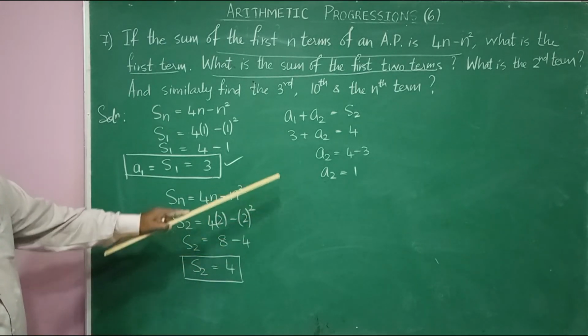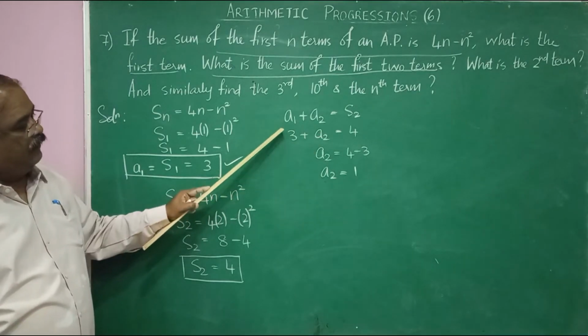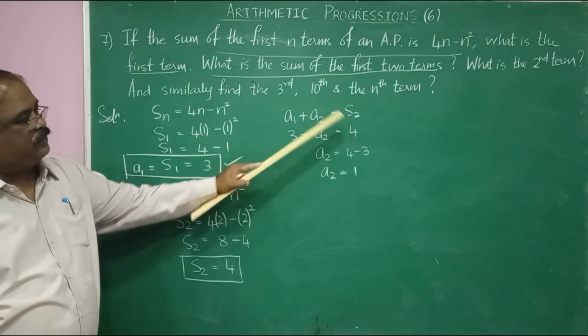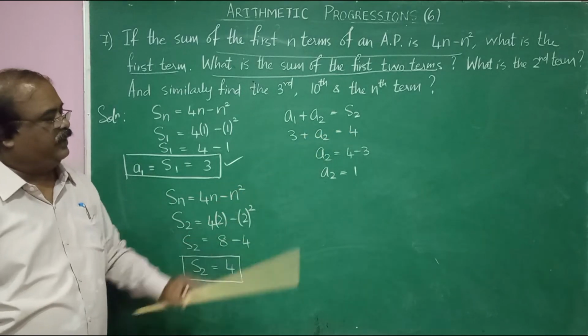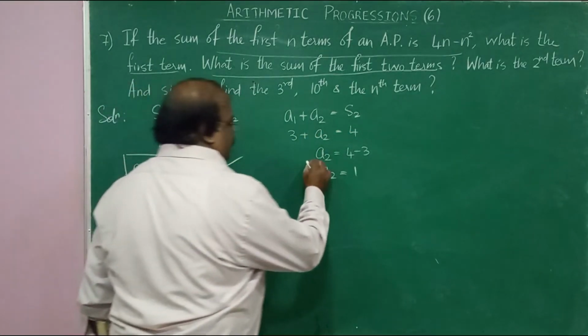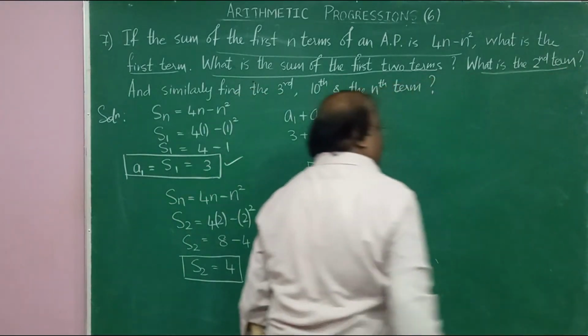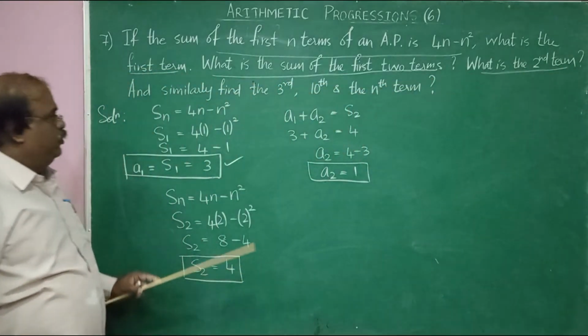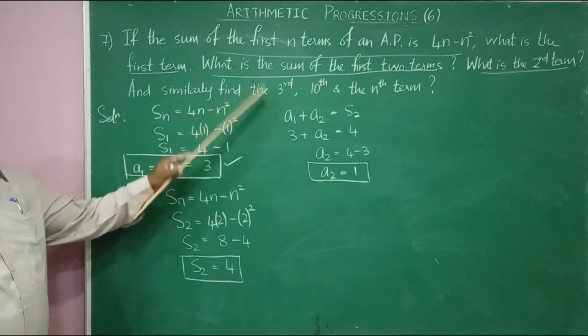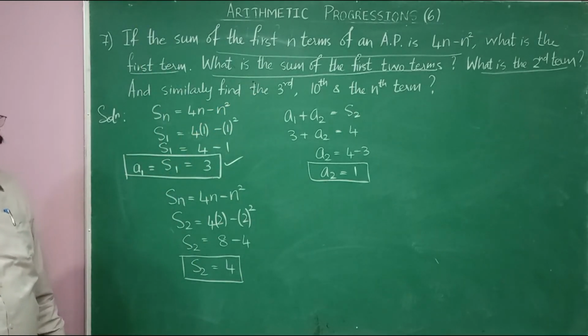Is that clear? A1 plus A2 is equal to S2. So A2 is 4 minus 3. I have found out what is the second term. Now I am asking you, similarly find out the third term.